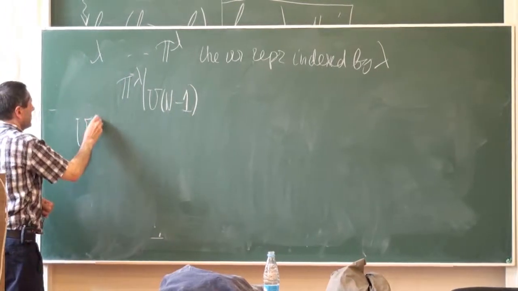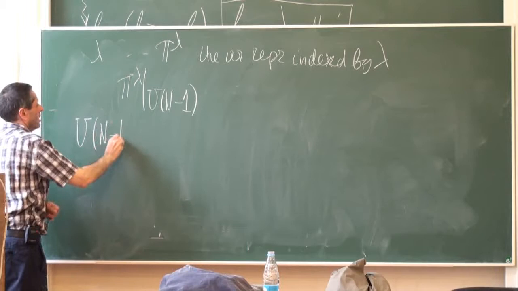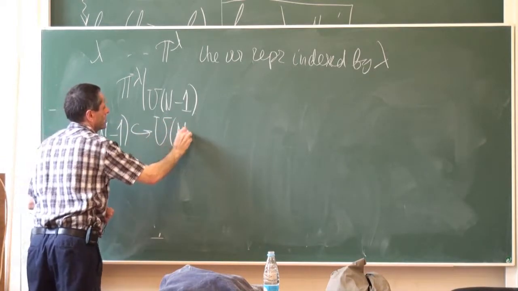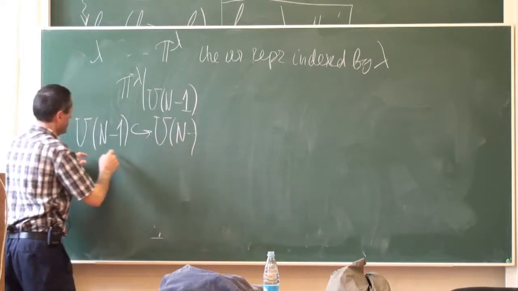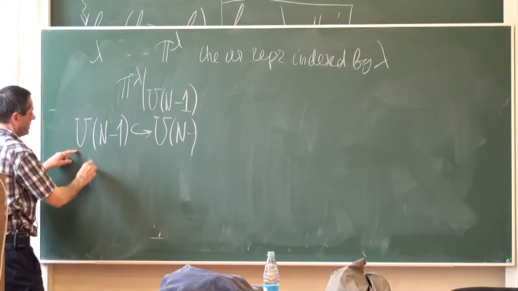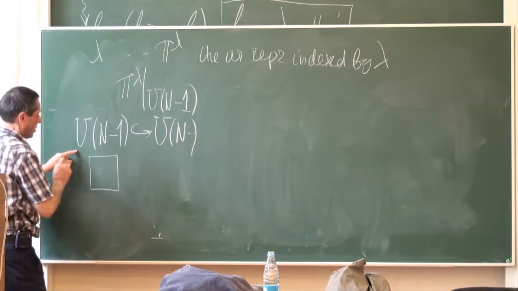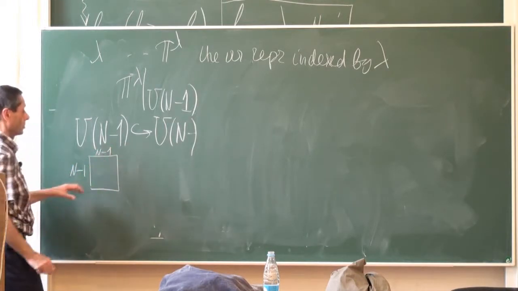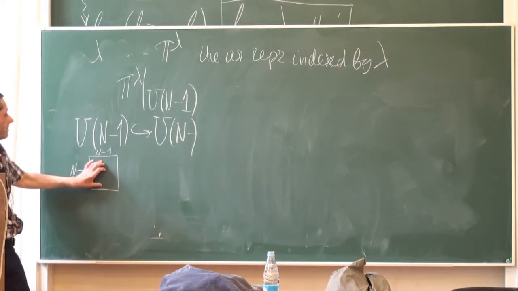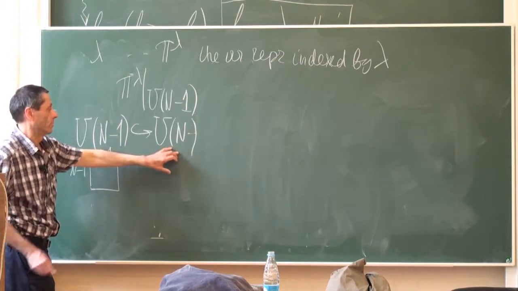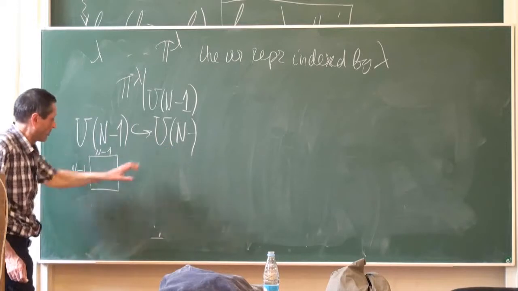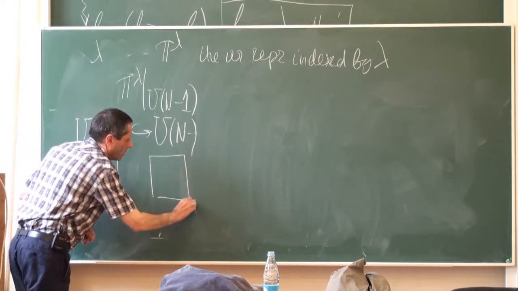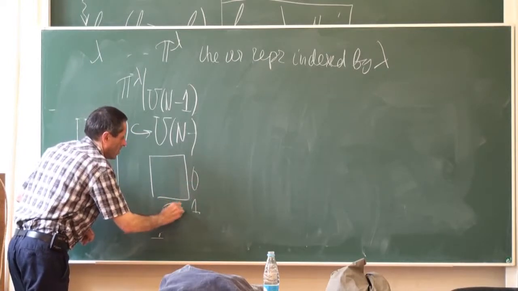Here I suppose that this subgroup is embedded into the next subgroup in a natural way. This is a group of matrices of order n minus 1 by n minus 1, and to interpret such a matrix as a unitary matrix of a larger dimension, we simply add 1 here and 0 here.